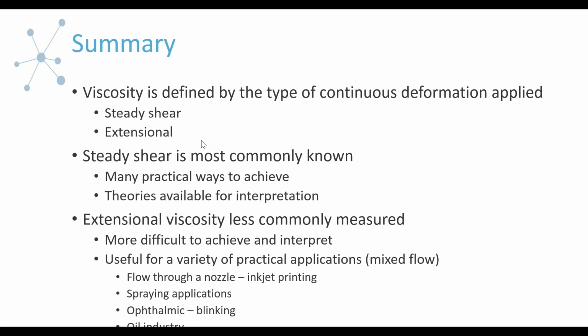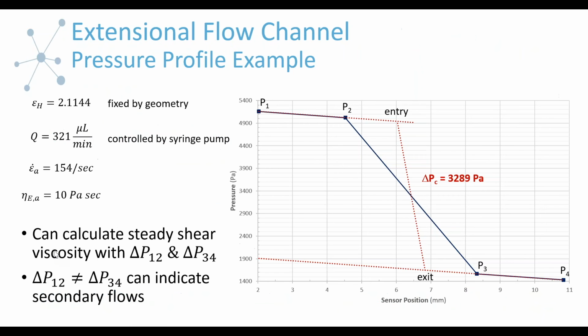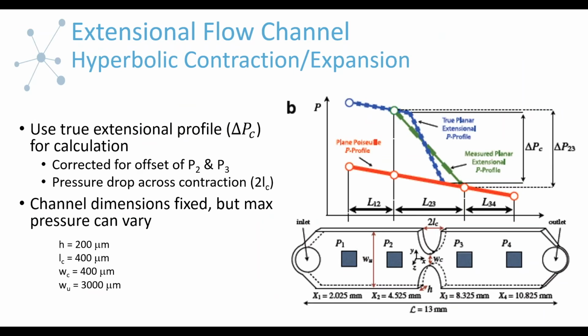We have a question about some of the dimensions related to the diameter of the orifice with extensional flow. Let me scroll back here. Let me know if this is right.